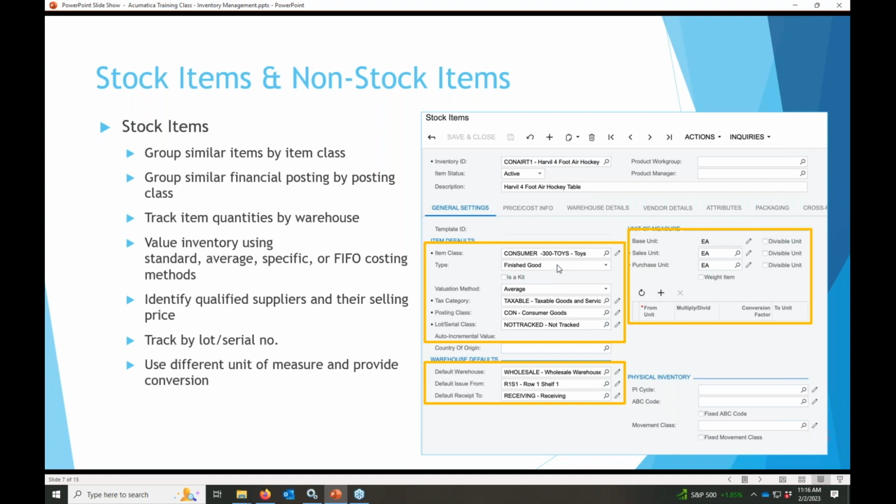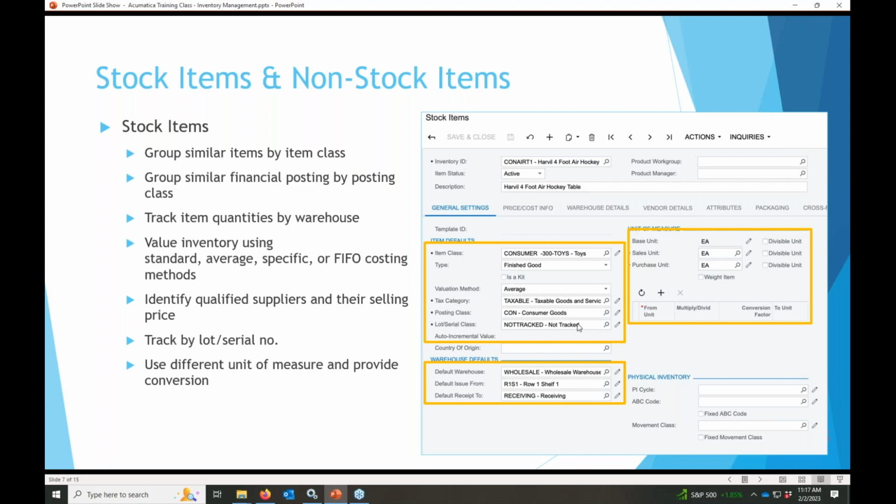Is it a kit? Is it a raw material? You'll also get to see the default valuation method. So we have standard, average, specific, or FIFO or first in, first out costing methods. And then determining what the posting class that generates from the item class, as well as whether that item is not lot tracked, serial tracked, or lot tracked.